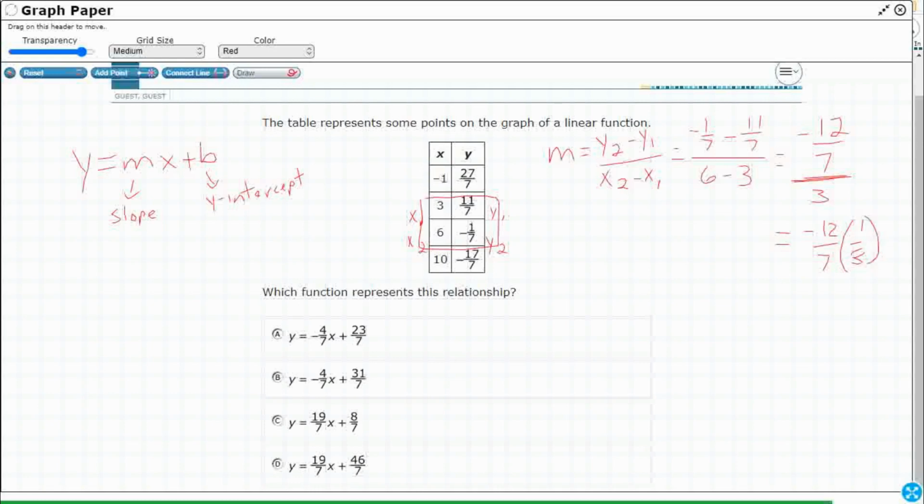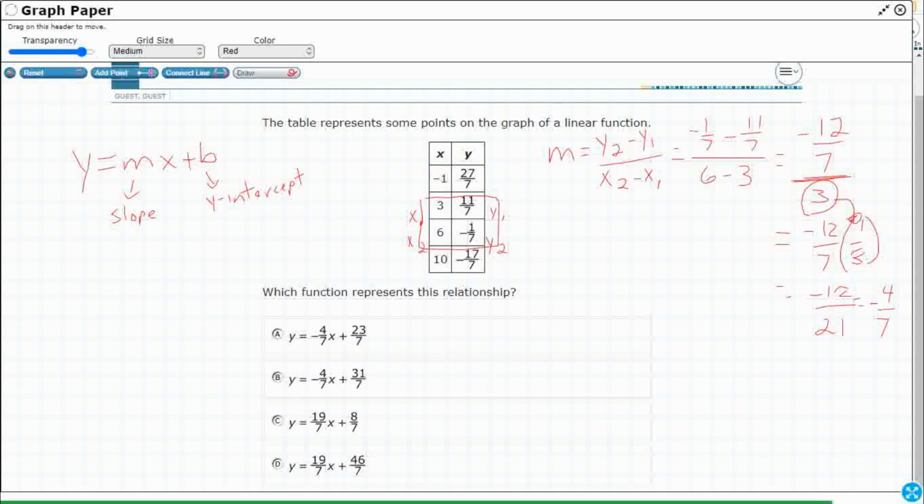So you multiply straight across, and you're going to end up getting negative 12 over 21. We are going to simplify it by 3's, so that's going to be negative 4/7. The hardest part was pulling this out and multiplying. Dividing by 3 is the same as multiplying by the reciprocal.